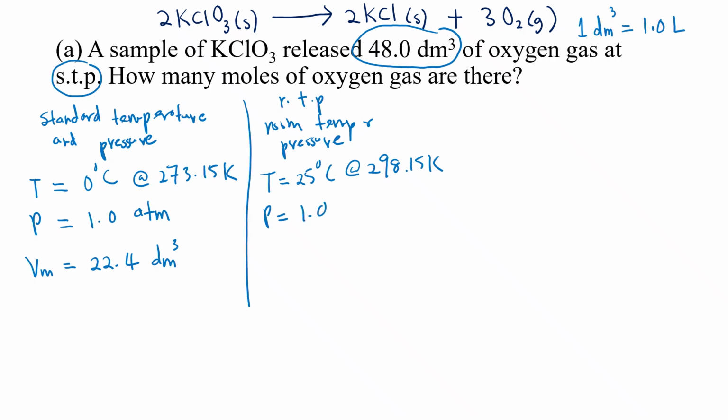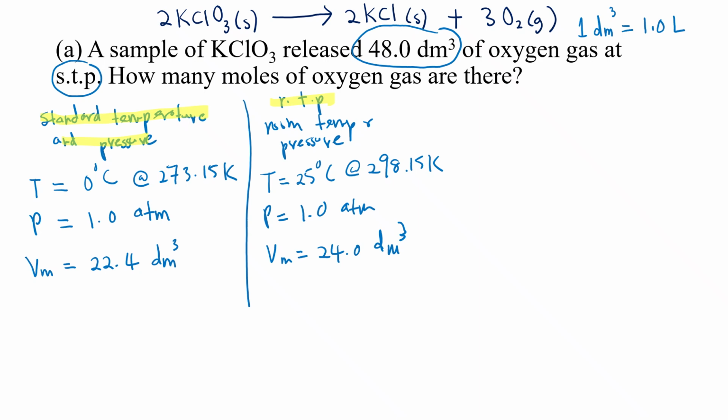Pressure still the same, 1 atm. But the molar volume is 24.0 decimeter cube. Okay, so untuk molar volume, these two conditions ni awak kena ingat. Okay, apa condition untuk STP dan juga RTP.